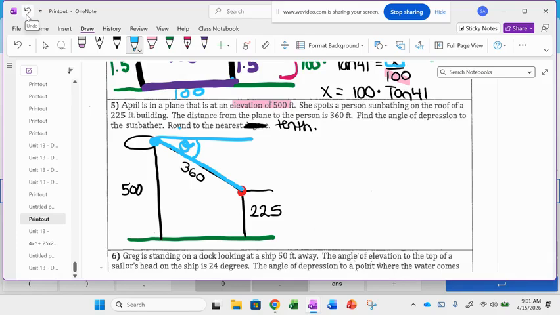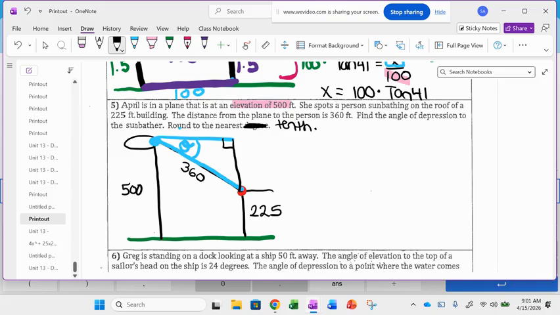Are we okay so far? Okay, now, do you guys see how I have this sort of gap here? It's open space. I'm going to close that up. Does anybody know why I'm going to choose to close this up? Exactly. Because when I close that up, I end up making a right triangle.